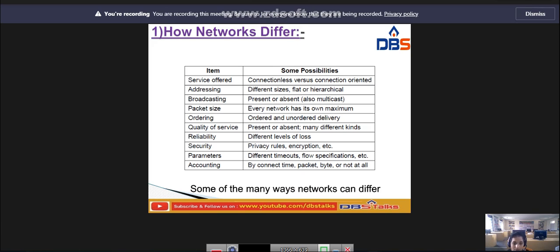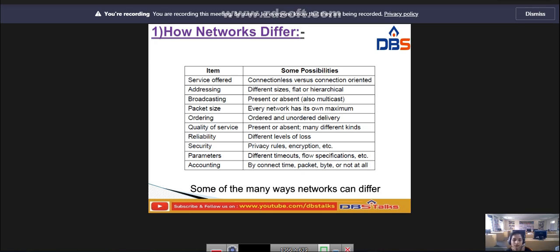In order to overcome that, we provide privacy rules and encryption. Parameters: different timeouts, flow specifications, etc. Accounting: by connect time, packet, byte, or not at all. So these are the different things considered in network differentiation.